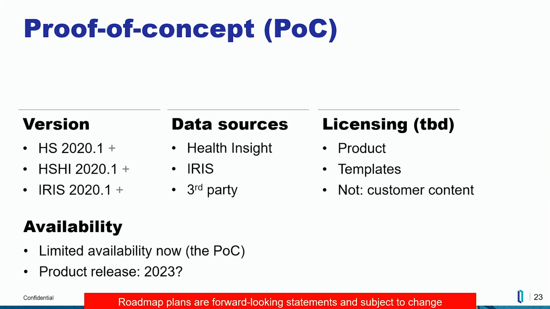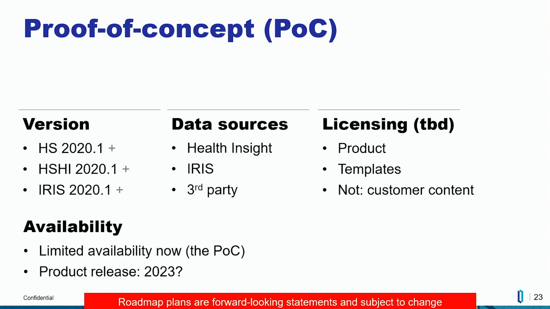So what I want to leave you with is that we are developing this capability with a number of assumptions or principles behind it. One is that as long as you're running Iris, you should be able to use this tool. So HealthShare 2020.1, Health Insight on that version, even just Iris tables themselves can be run using these nodes and using the SQL code that's in the nodes.